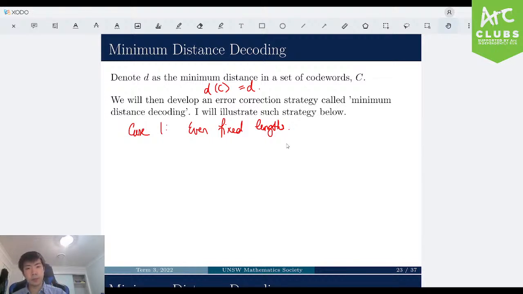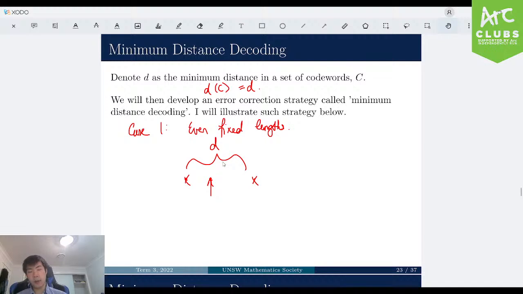I'll draw that in first. So suppose you have one code word here and another code word here, and they are the minimum distance apart, and the message that we receive ends up landing here.